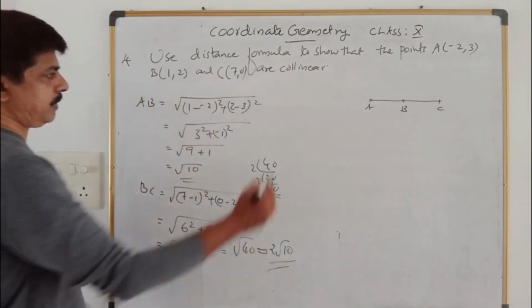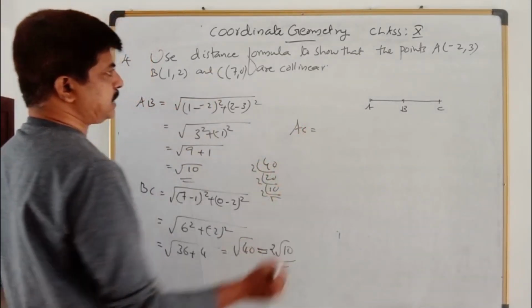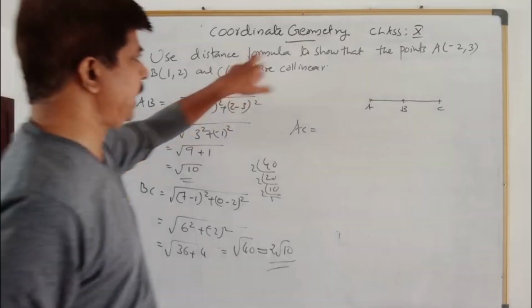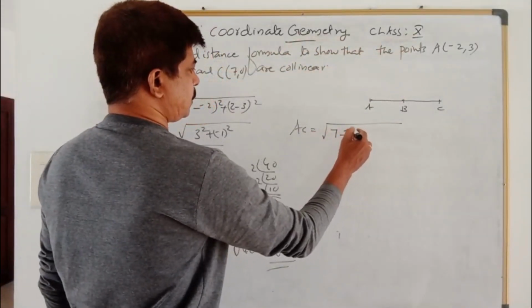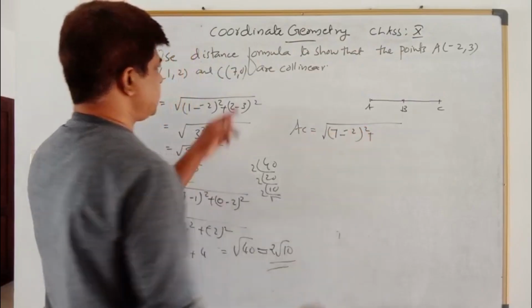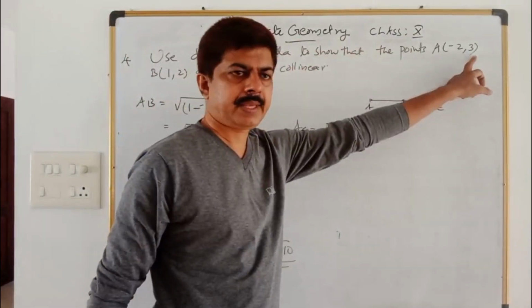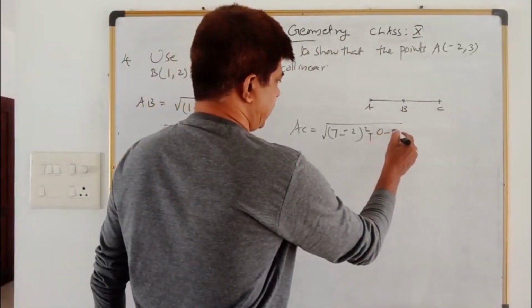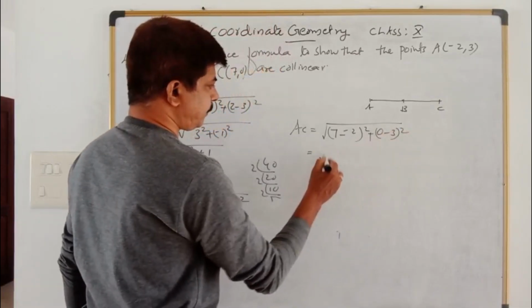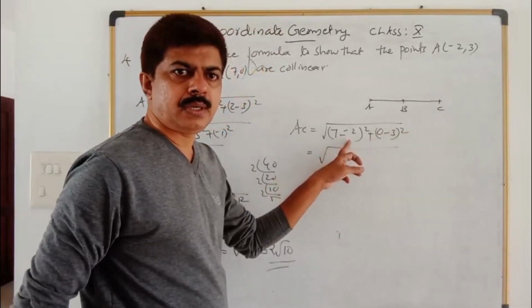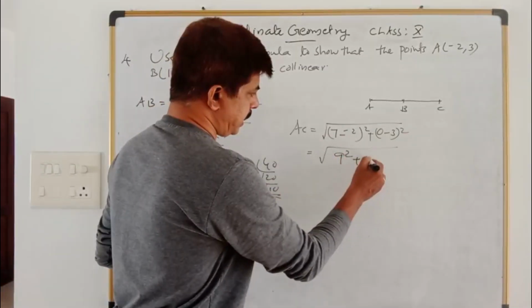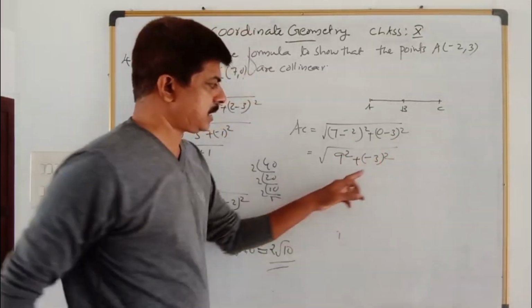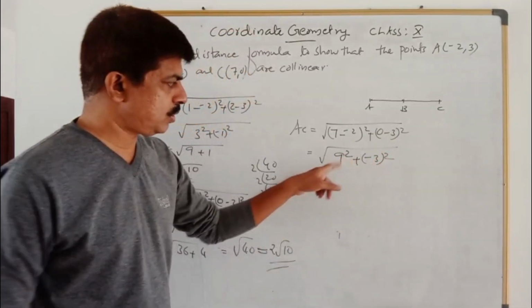Now one more distance we have to find out, AC. AC means we find the distance between A and C. Here we get 7 minus minus 2 whole square plus 0 minus 3 square. What is 7 minus minus 2? It becomes 9 square plus negative 3 square. So you know the square of 9.